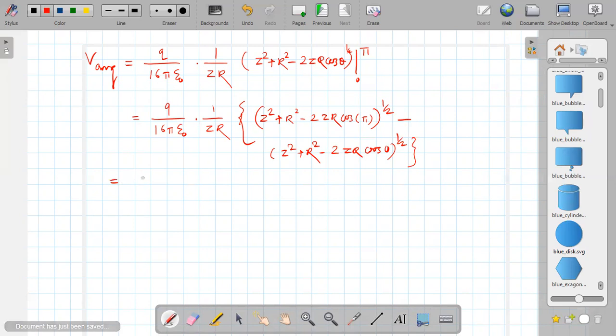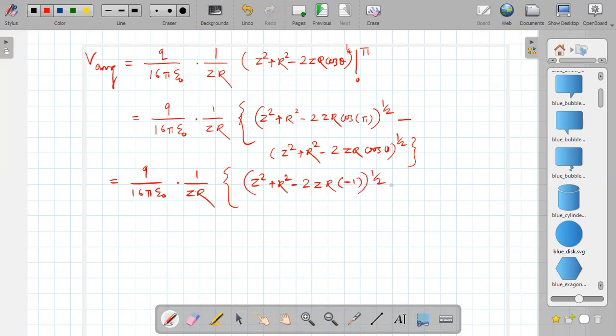Therefore, this is your q upon 16 pi epsilon 0 into 1 upon zr into z square plus r square minus 2zr cos of pi, which is minus 1, raised to half, minus z square plus r square minus 2zr cos of 0, which is 1, raised to half.